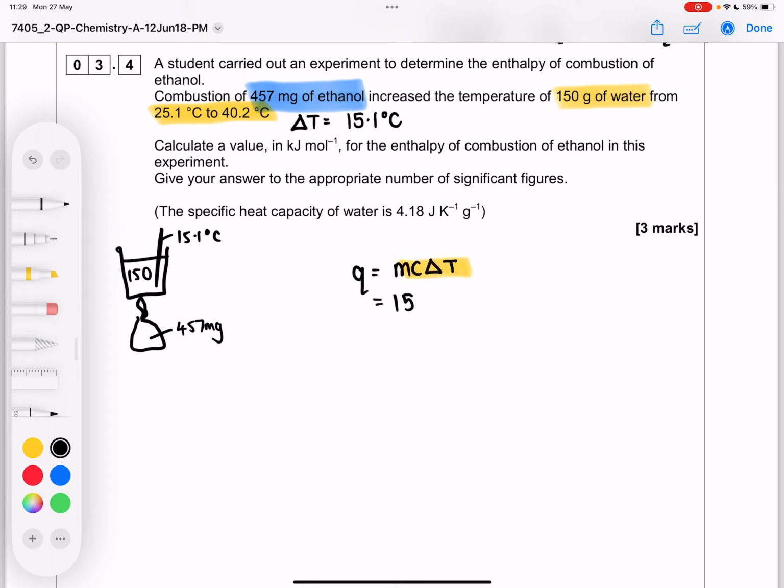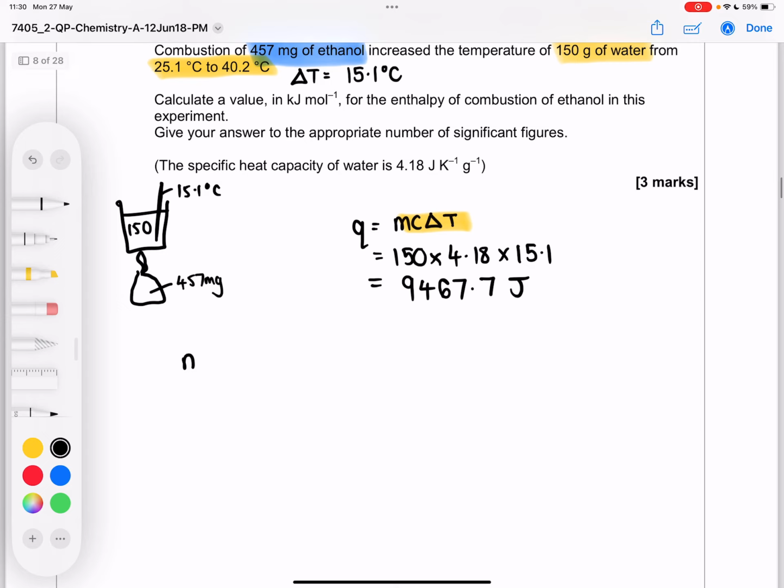So we had 150 grams of water with a specific heat capacity of 4.18, rising by 15.1 degrees. So you want to get your calculator out and type that in. And because c is in joules, you'll get an answer in joules.